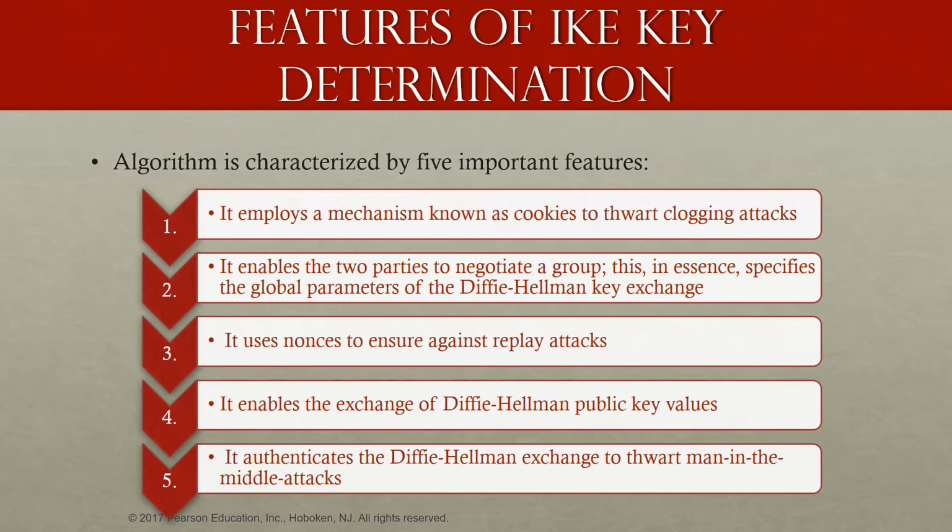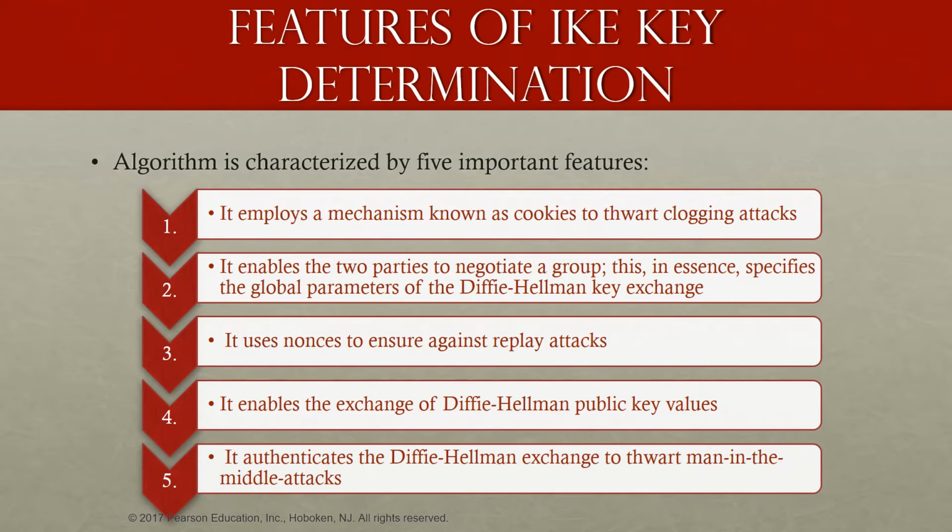Features of IKE key determination. The IKE key determination algorithm is characterized by 5 important features. 1. It employs a mechanism known as cookies to thwart clogging attacks. 2. It enables the two parties to negotiate a group.